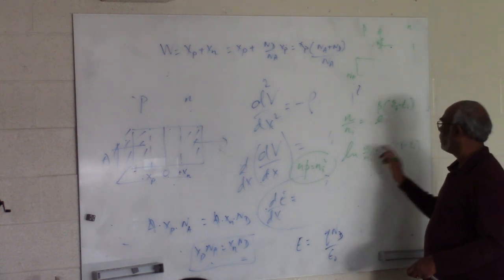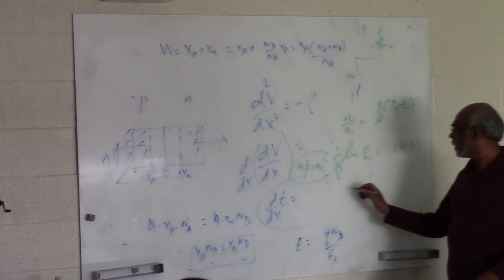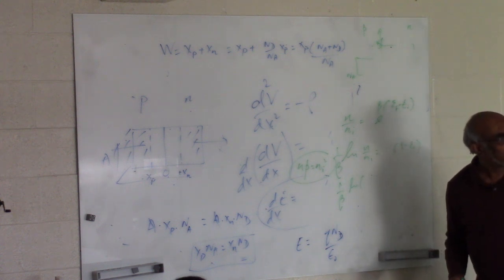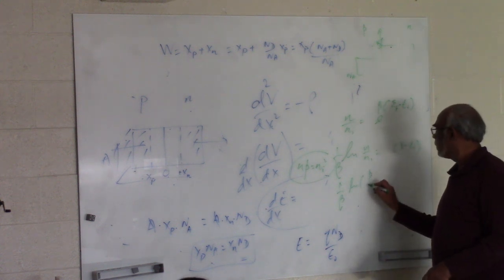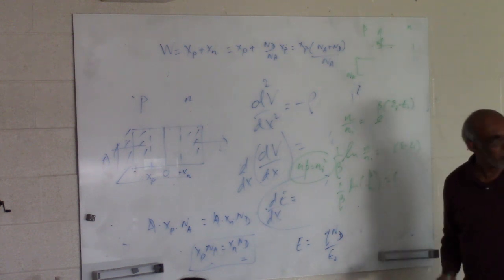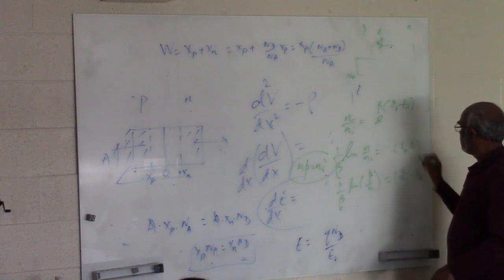If you take the logarithm of both sides, log of n over Ni equals beta times (Ef minus Ei). Dividing by beta, from the other equation you get 1 over beta log of p over Ni equals Ei minus Ef.